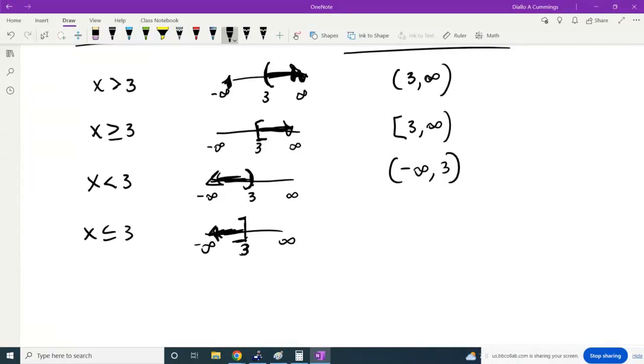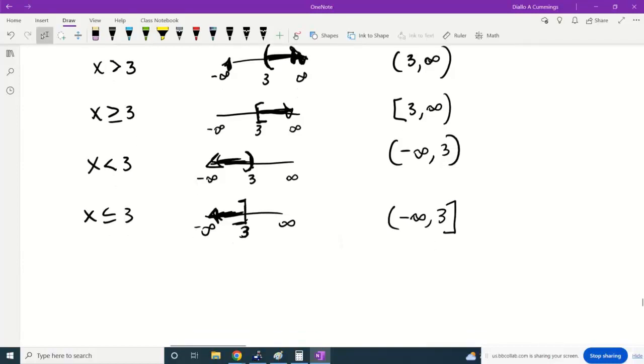And I'm going to write that as interval notation. So it's an open parenthesis, negative infinity to 3 with a bracket. Any questions about this single inequality? We're not using open circles, closed circles, we're using parentheses and brackets.